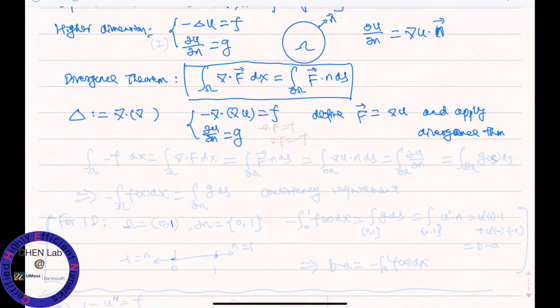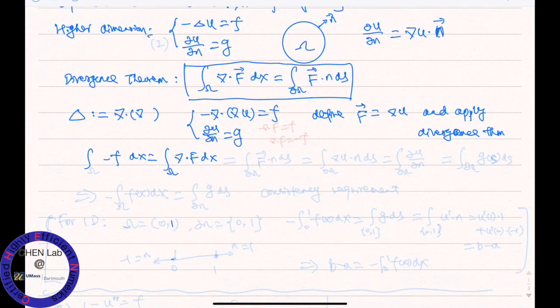So we integrate negative f dx, which is basically the divergence of F, inside omega.